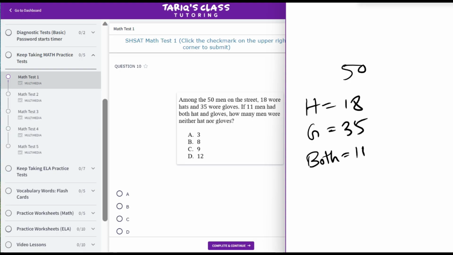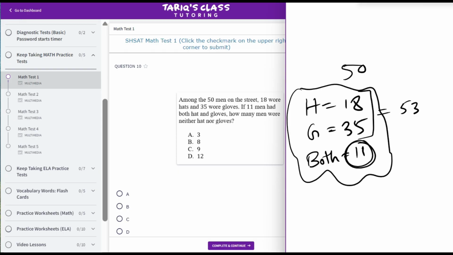All right, so first of all, let's see how many people there are. So 35 plus 18, that's 53, right? So 53. So both means that this is a repetition. So how many people are there altogether is you add the hat and the gloves, which is 53, minus the 11 because both means this appeared twice.